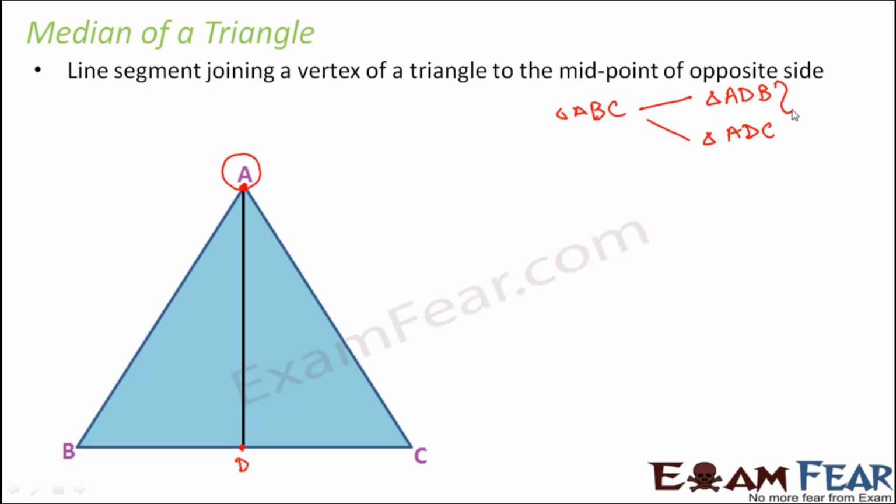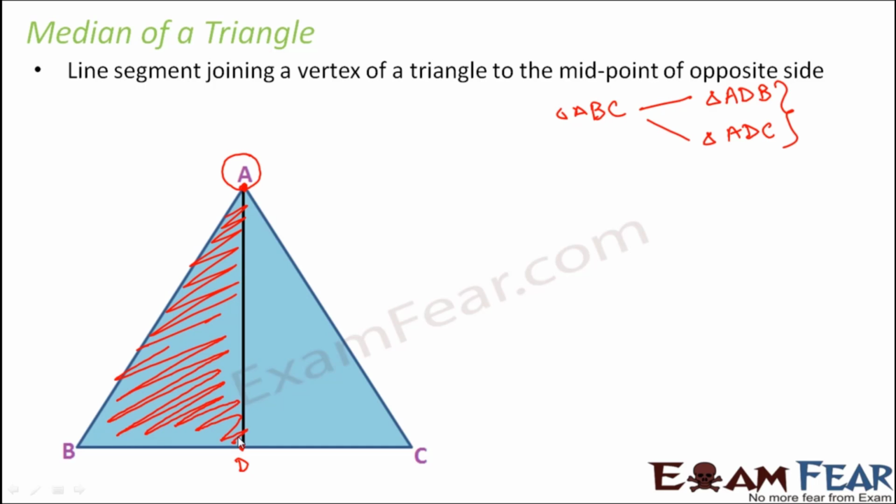Now when I say 2 equal triangles, what I mean is the area of these 2 triangles are equal. That is, this area is equal to this area. So this entire area occupied by triangle ADB is equal to this total area occupied by triangle ADC.